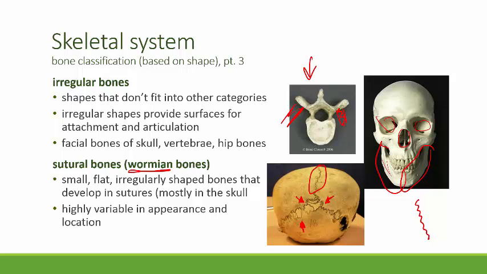So their location and their appearance is super variable. Most people have one or more Wormian bones in the sutures, and they're found mostly in the skull here. Okay, so there we have it. A little bit of an introduction to bones and bony material and to the shapes of bones that we see in the body.